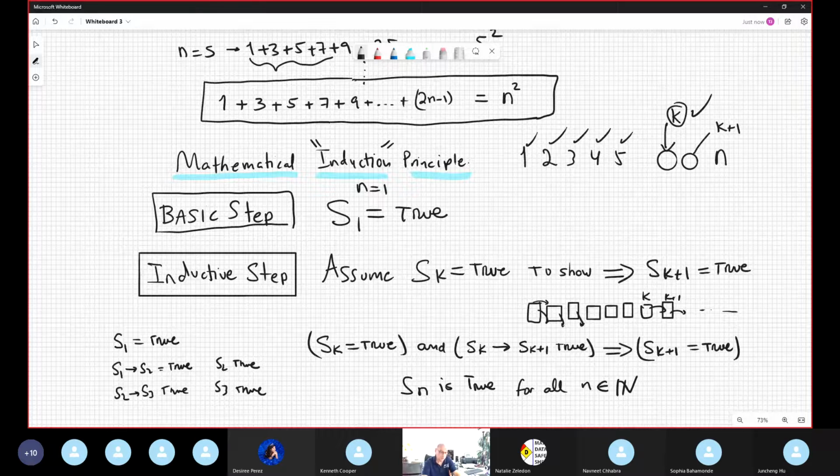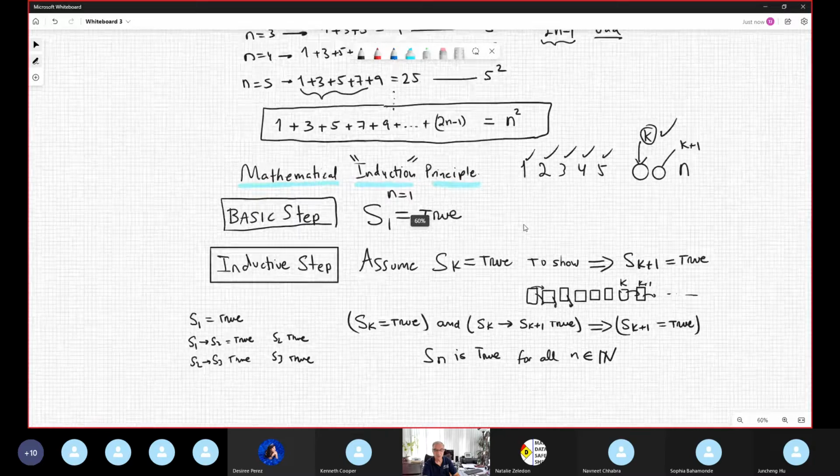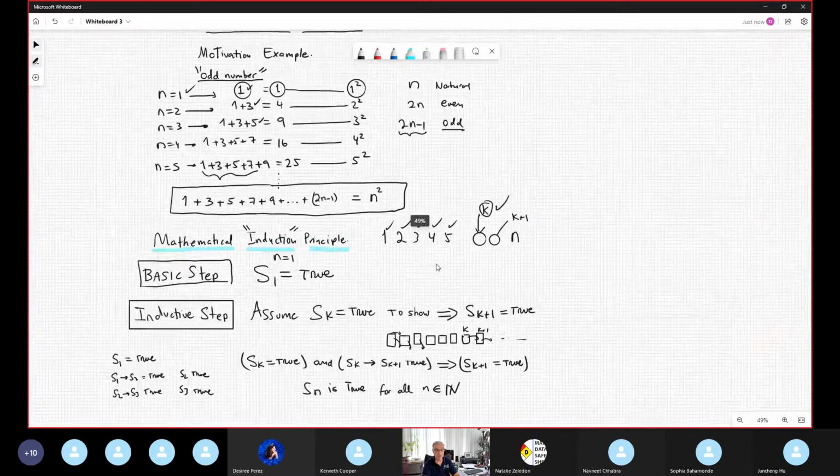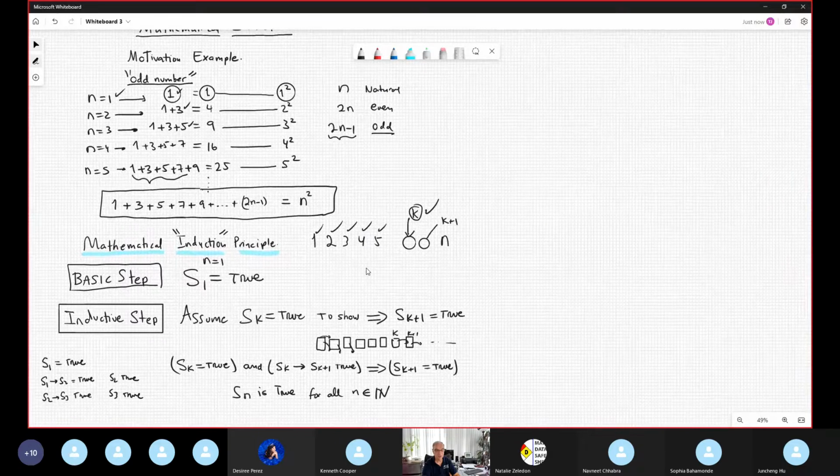Okay, let's move on to the motivation example. I believe using intuition is important in mathematics to anticipate the thing before you prove it formally.